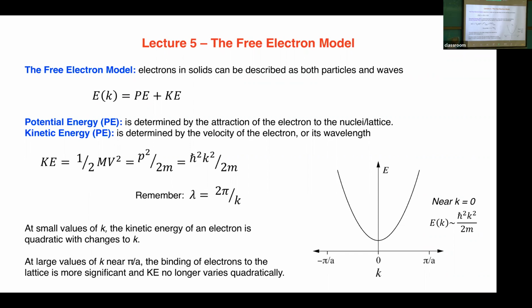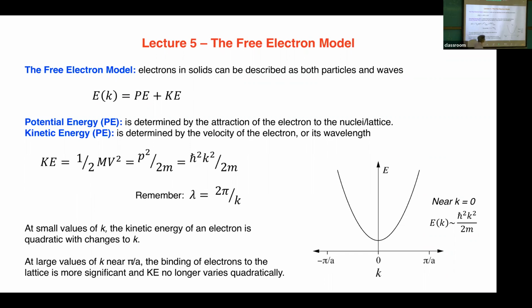And you know that that also relates to its wavelength. So you can think about this in classical terms or in quantum mechanical terms. And remember how we talked about this K value, the momentum, quantum mechanical momentum is related to the wavelength as well.